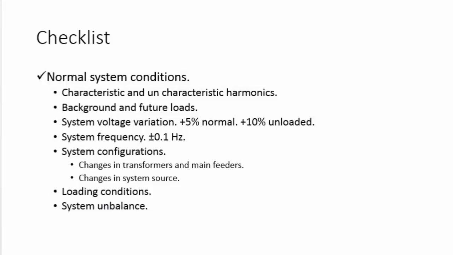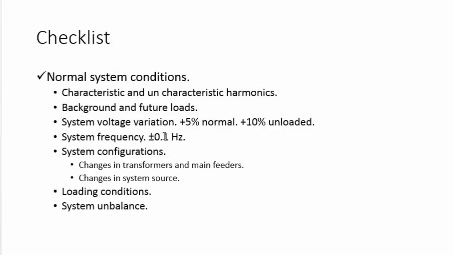You have to take that in mind. Now, the IEEE standard has a recommendation that the system voltage variation is in the 5% range during normal operation, and during no load the system may go up to 10% increase, which is the suggested limit for the capacitors.